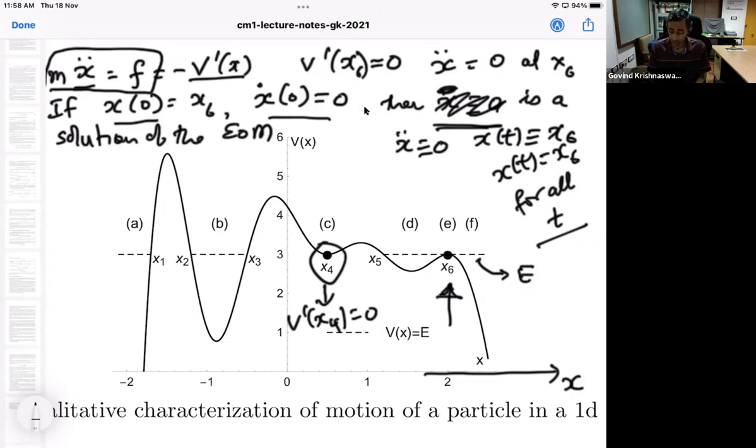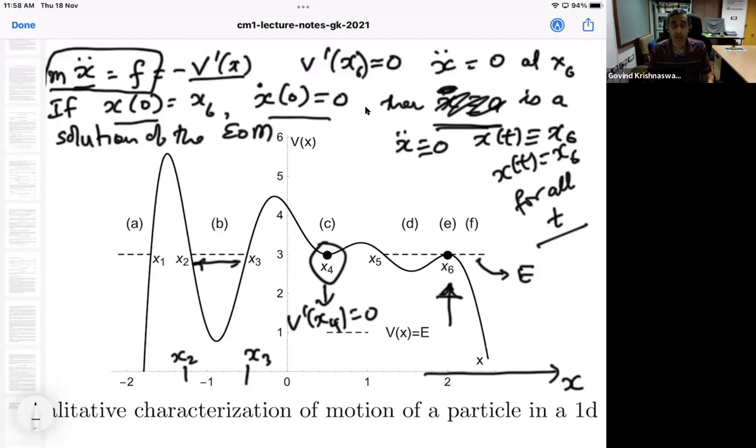In addition, we talked about other types of motion which are not necessarily static. If the particle begins somewhere between x2 and x3, then it will oscillate back and forth with x2 and x3 as turning points. So that is oscillatory motion.